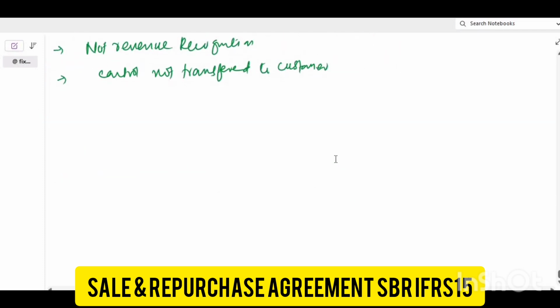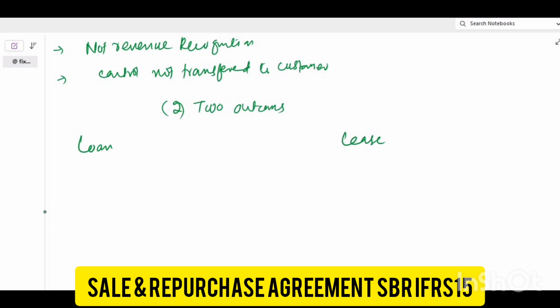So if you have a situation like this, then you have two outcomes. You may count that amount as a loan, or you may count it as a lease.